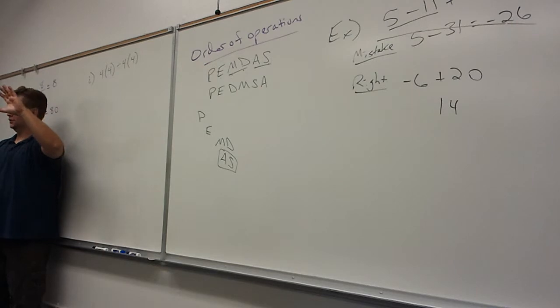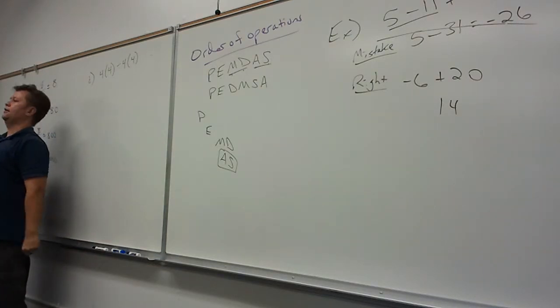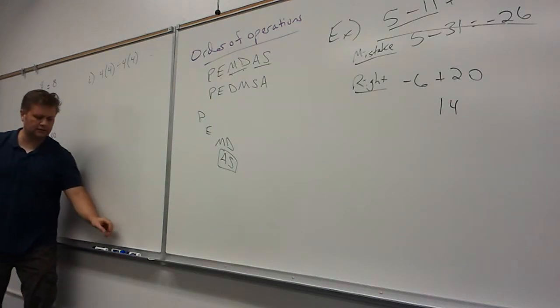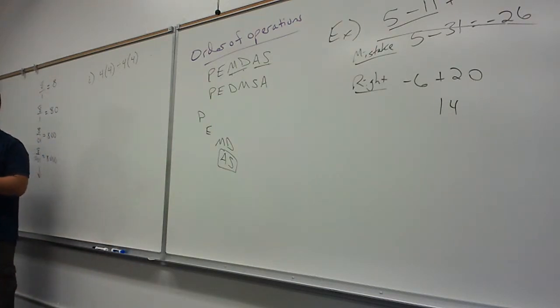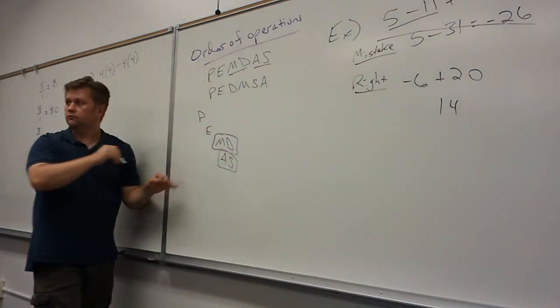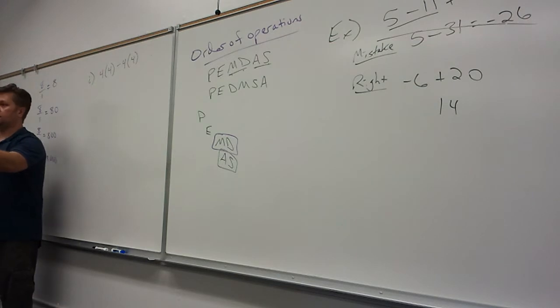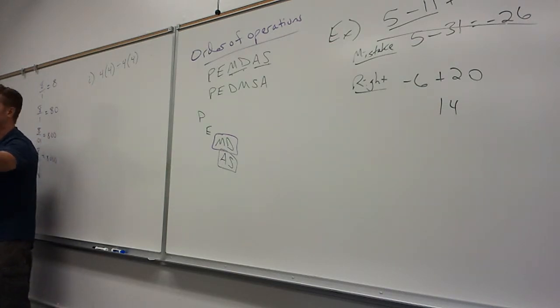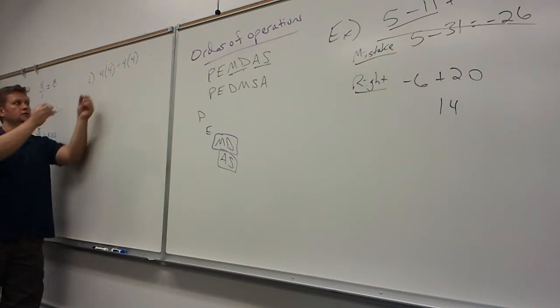It's definitely not 0. I told you it was a trick question. 4 times 4, 16. So I'm only on the multiplication division level. I don't do M and then D. I do it as it comes. What's 4 times 4? 16.